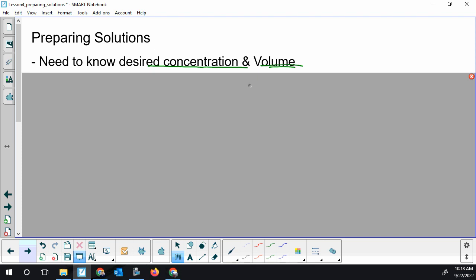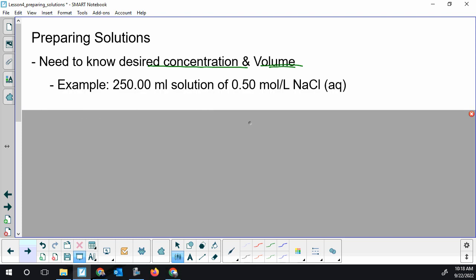So you can't make up 1,000 moles per liter. It's not possible. So an example is maybe you have a 250 ml volumetric flask and you want to make a 0.5 mole per liter sodium chloride solution.